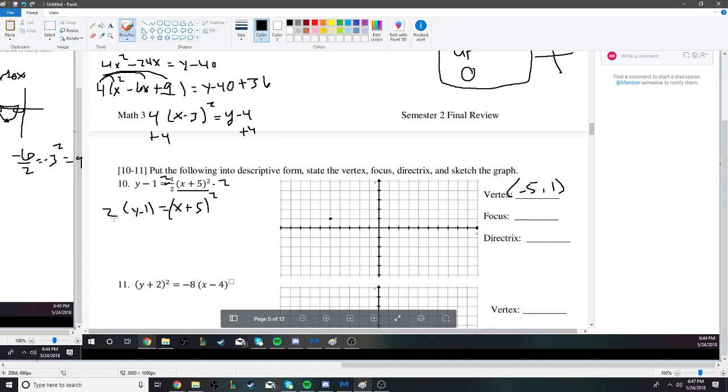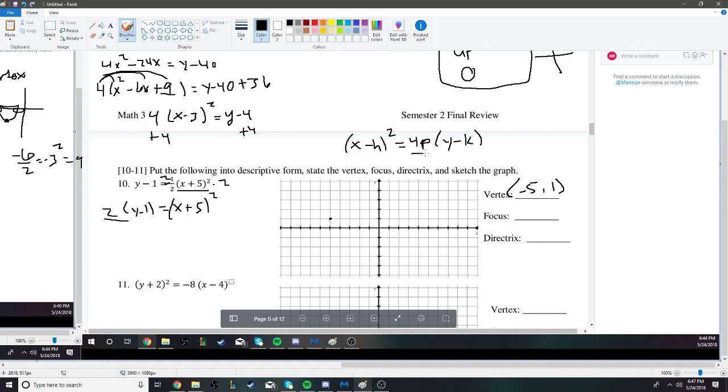Okay, so this number right here, remember, descriptive form looks like this: (x minus h) squared equals 4p(y minus k). We might have called it a c in class. I don't remember.